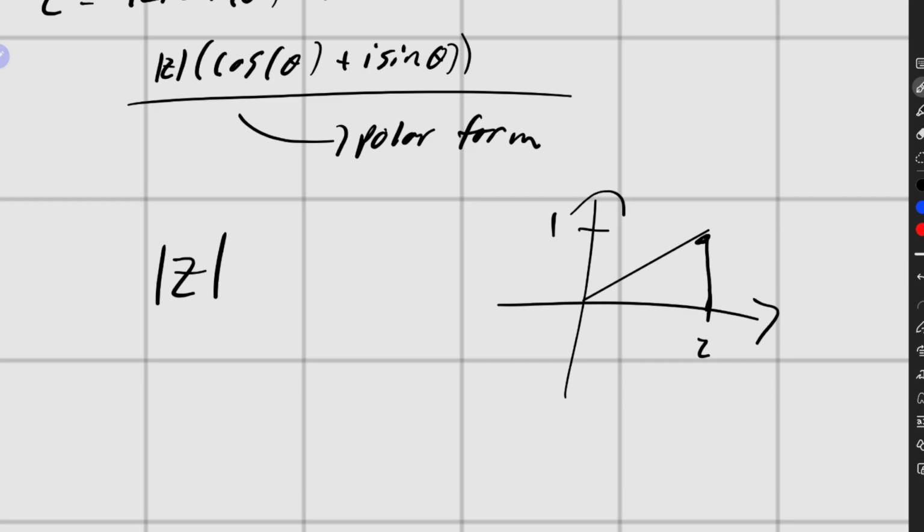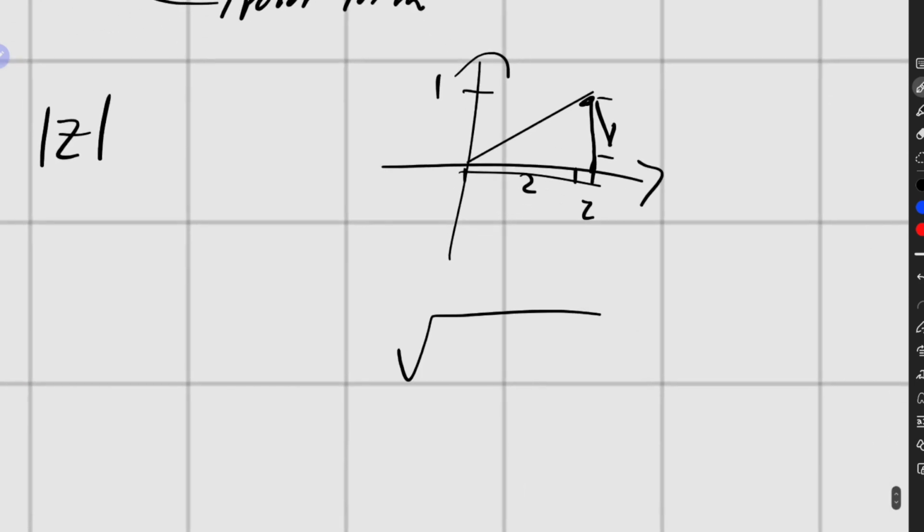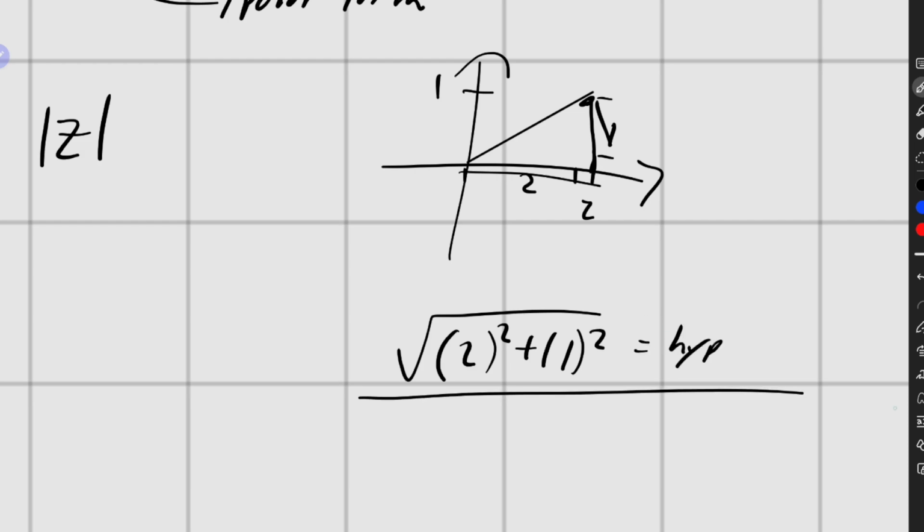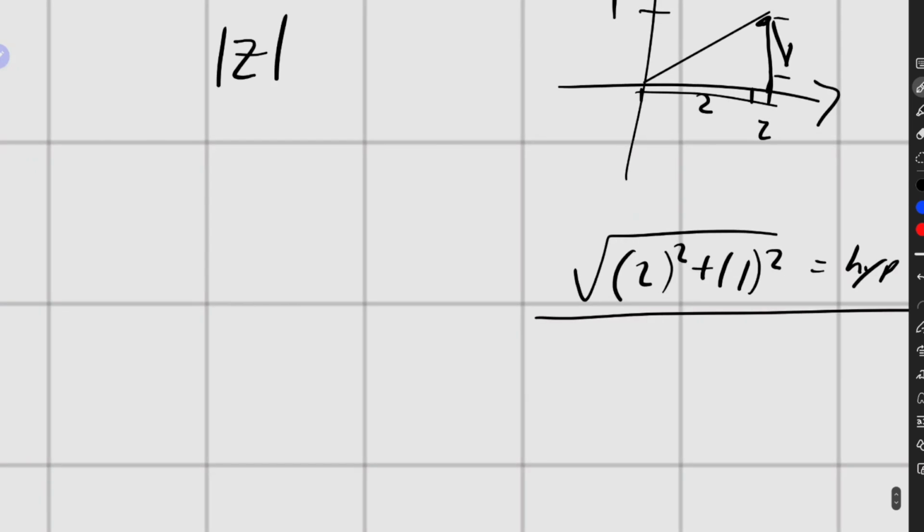Your height is 1 and your length is 2. It's just a basic triangle. I'm sure you know Pythagoras would say 2 squared plus 1 squared equals your hypotenuse squared. If you don't know that, pause the video, go search up Pythagoras and make sure you know about this before coming back.